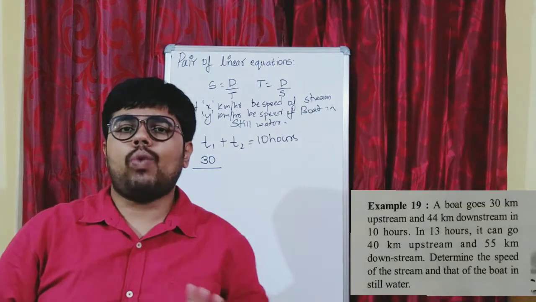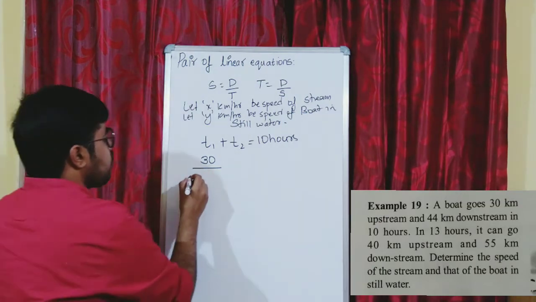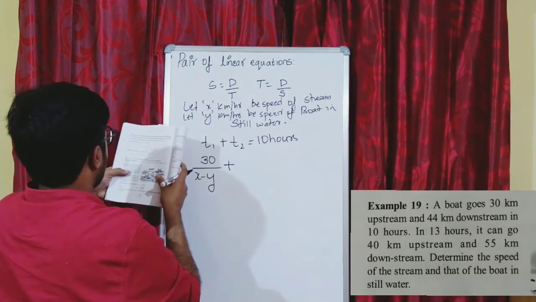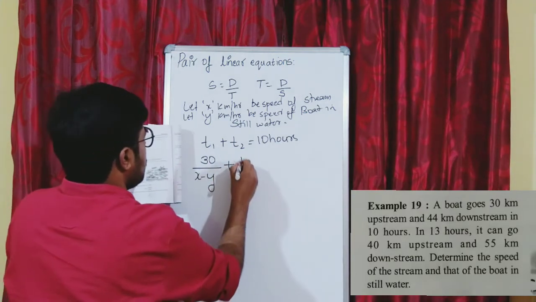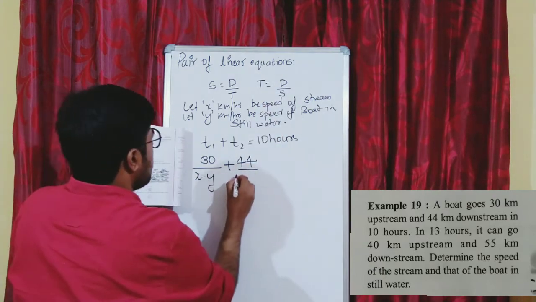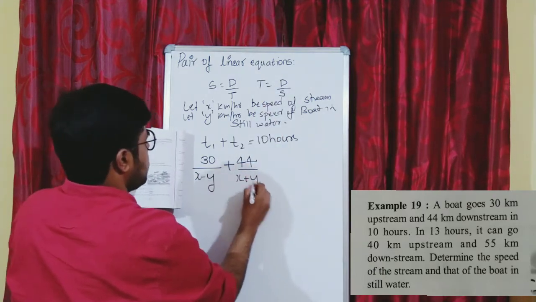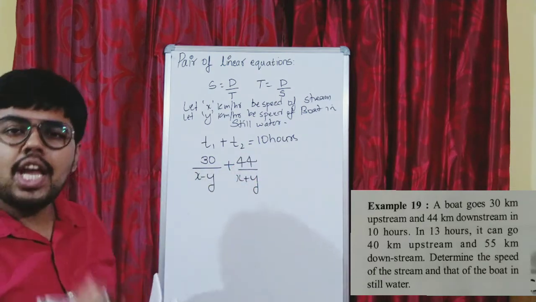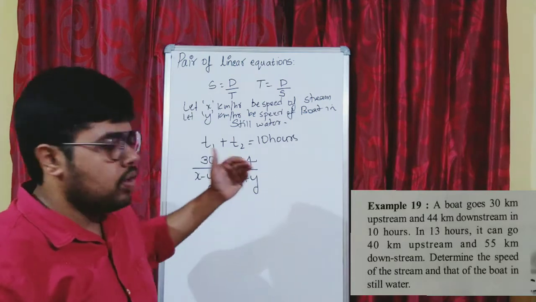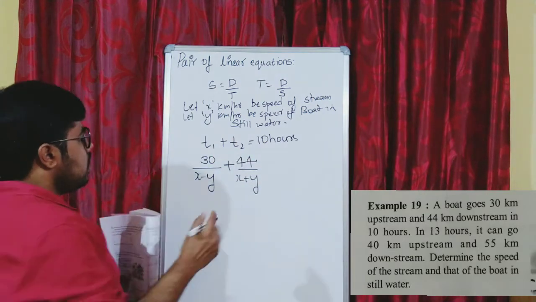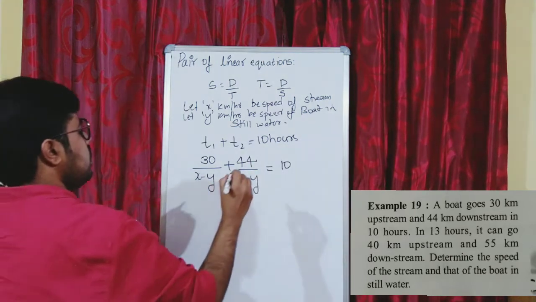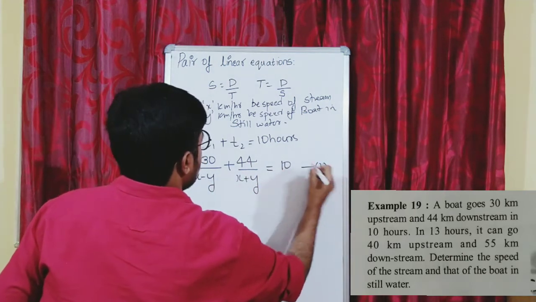Therefore it is x minus y, for the upstream, plus 44. Next is 44 kilometer distance, and downstream the speed is x plus y. Downstream is x plus y, upstream is x minus y. Remember, downstream you add the speed. Therefore it is equal to 10. This is your first equation.